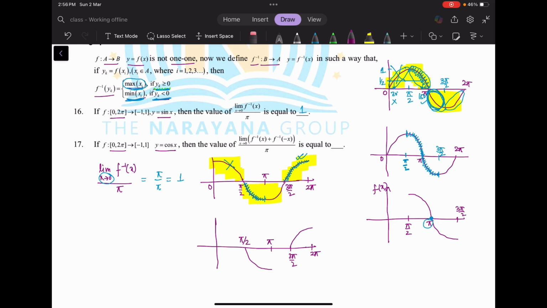Now in the 17th sum, we are asked for the limit as x tends to 0 of [f inverse(x) plus f inverse(−x)] divided by π. Now here, f inverse(x) at x tending to 0 means we have to see the y output as 0, and that too positive.